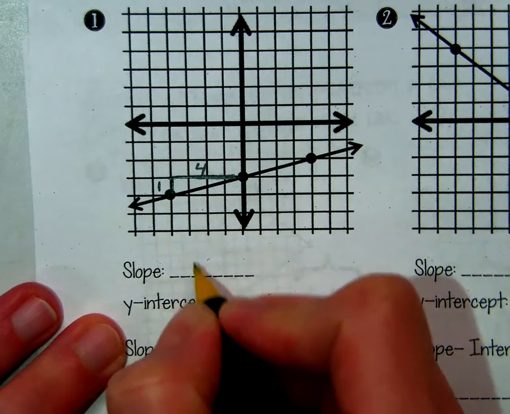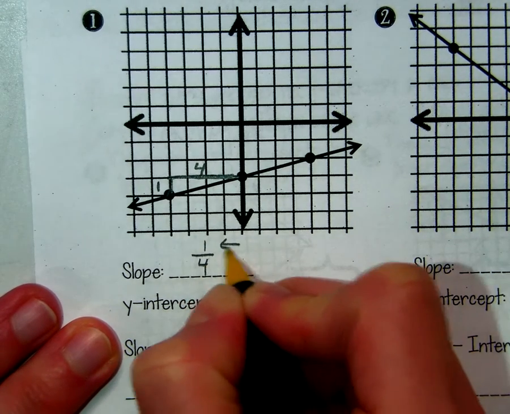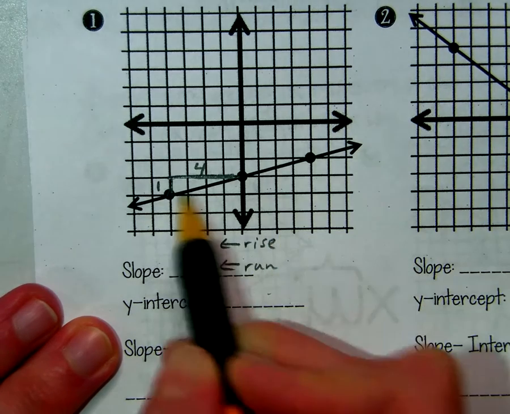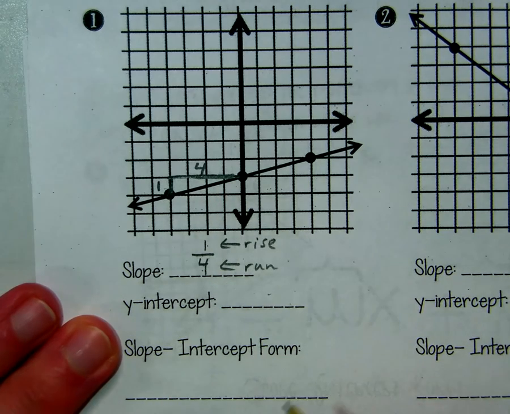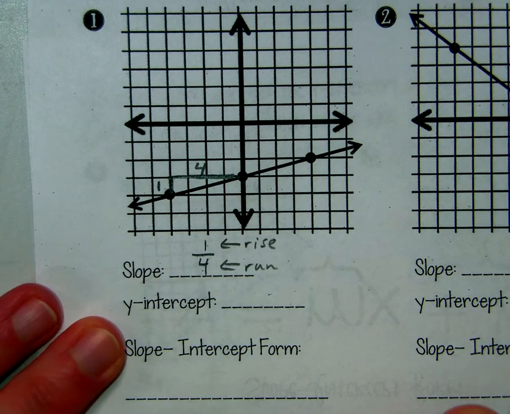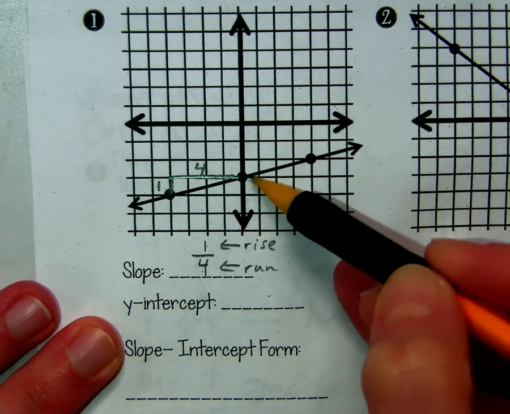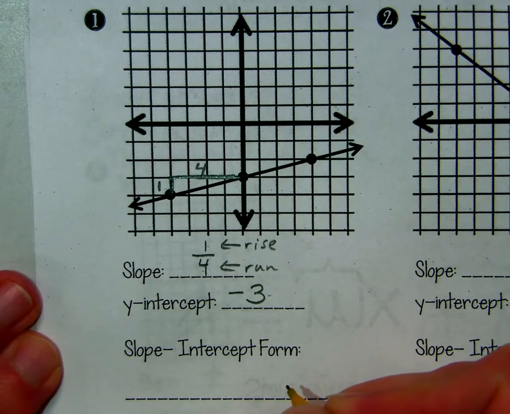So remember that slope is rise over run, so that would be 1/4. This was our rise, and this was our run. It's important that you do the up and down part on the top, and the side to side part on the bottom when we do slope, which we've already talked about. If we look at where it crosses the y-axis, it's crossing at -3.